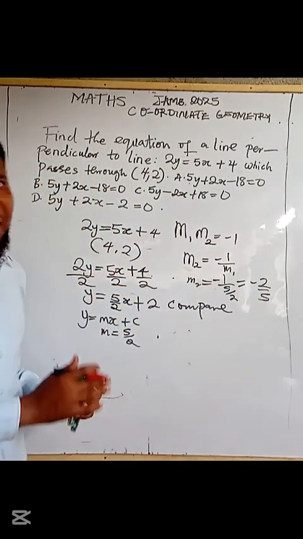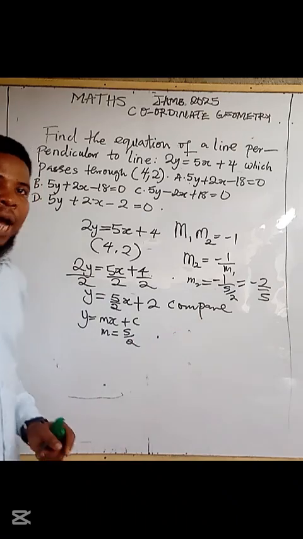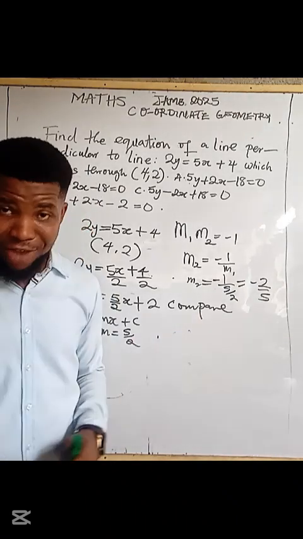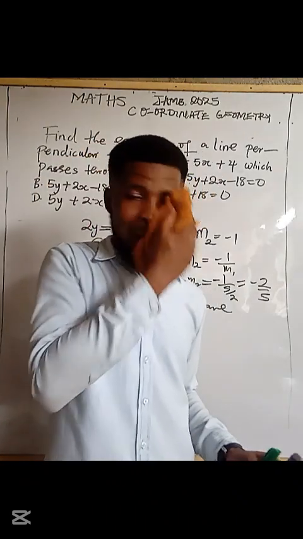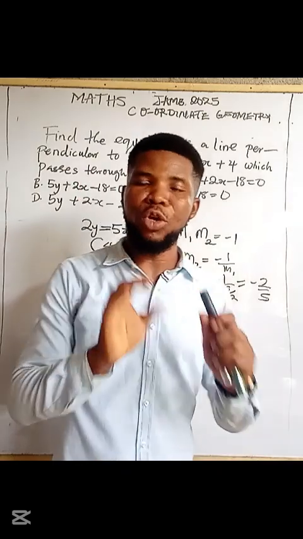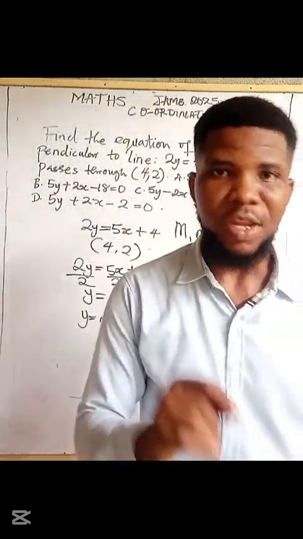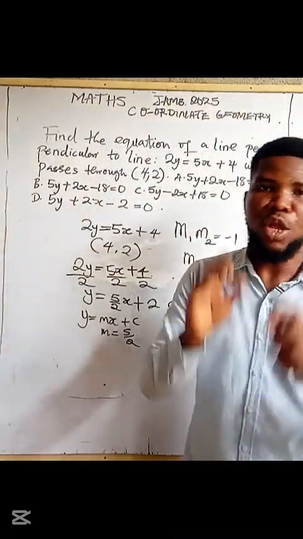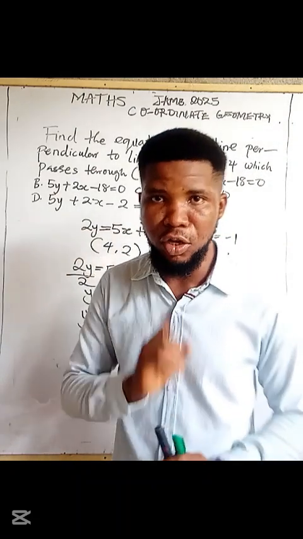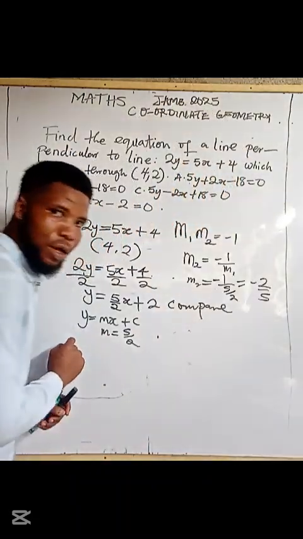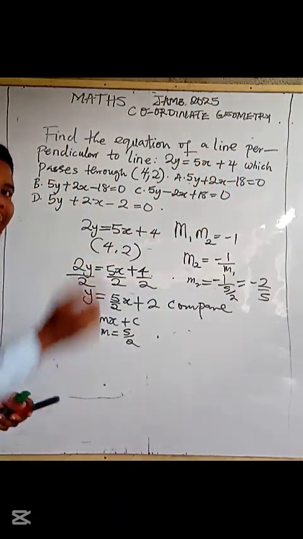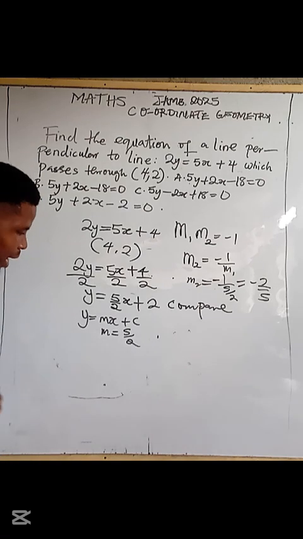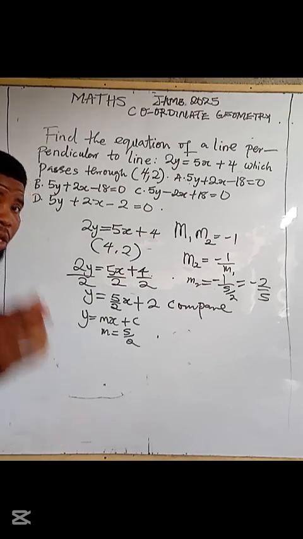So now let's establish an equation for this. To get an equation of the line is very easy. All I need is my slope. I told you in my previous video that the equation of the line is a function of the slope. So let's establish again the formula for the slope of the line.